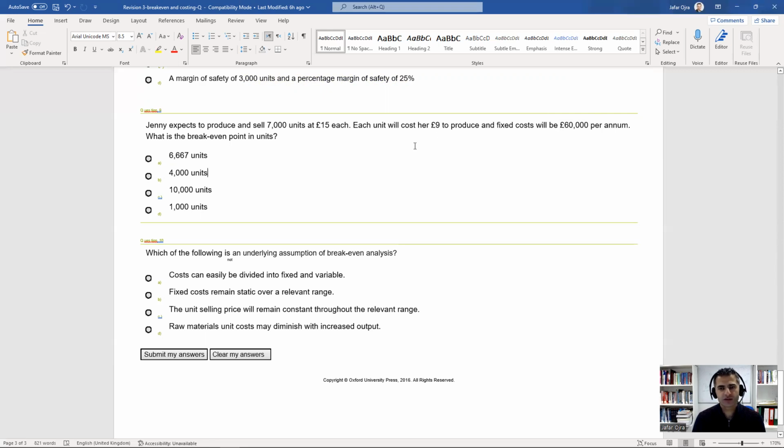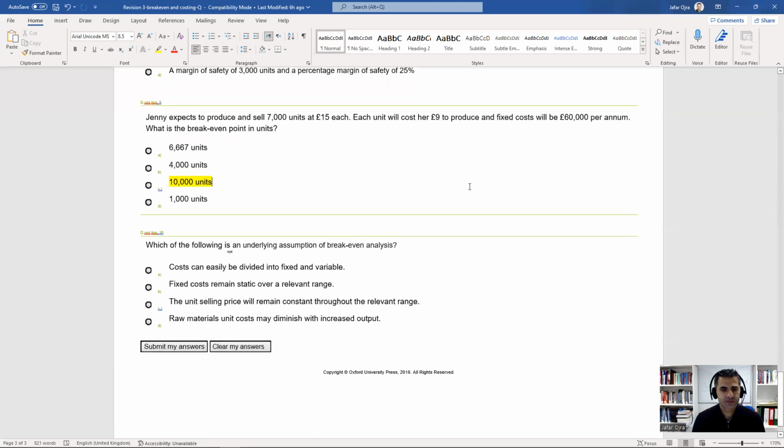So 15 minus 9 equals 6. So 60,000 divided by 6 makes 10,000 units. So the break-even point in units is 10,000. That means the company needs to sell at least 10,000 units to break even, to cover all the cost.